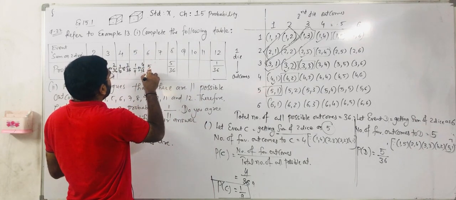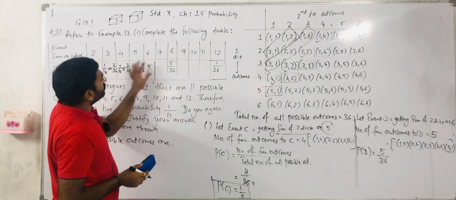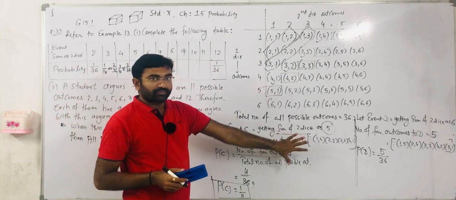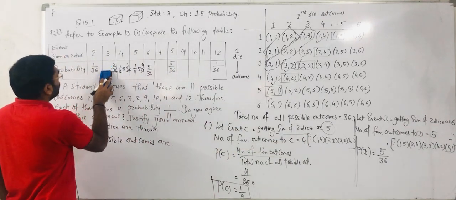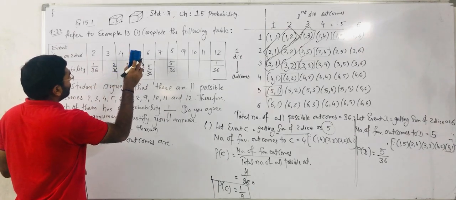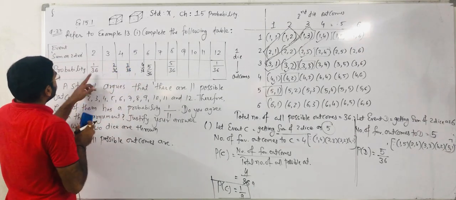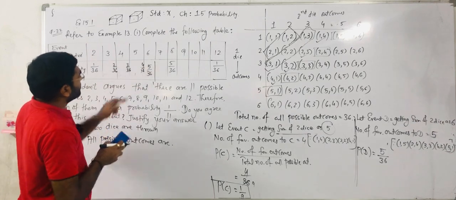5 by 36. Right. Now similarly you have to solve the remaining sums the same way. Now you can observe in our outcomes, suppose you consider this outcome, this is the probability. So what you get? 1 by 36, 2 by 36, 3 by 36, 4 by 36, 5 by 36.